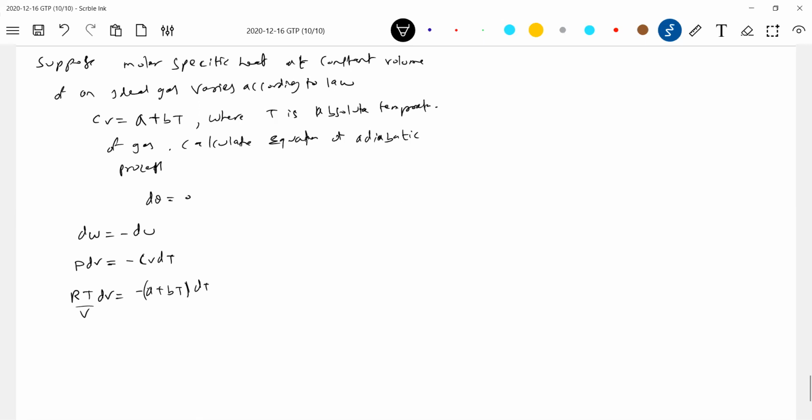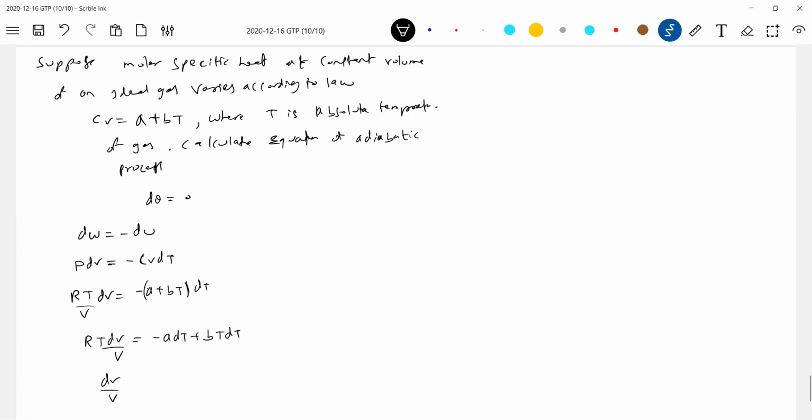Okay, let me simplify this. This will be RT dV by V minus A dT minus BT dT. Keep it like this here.